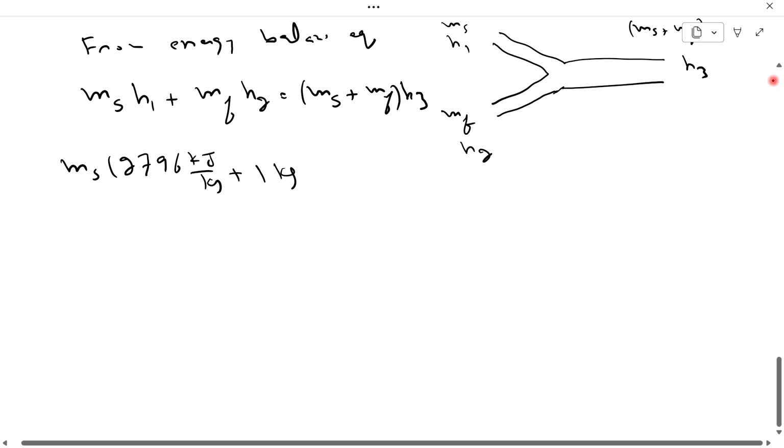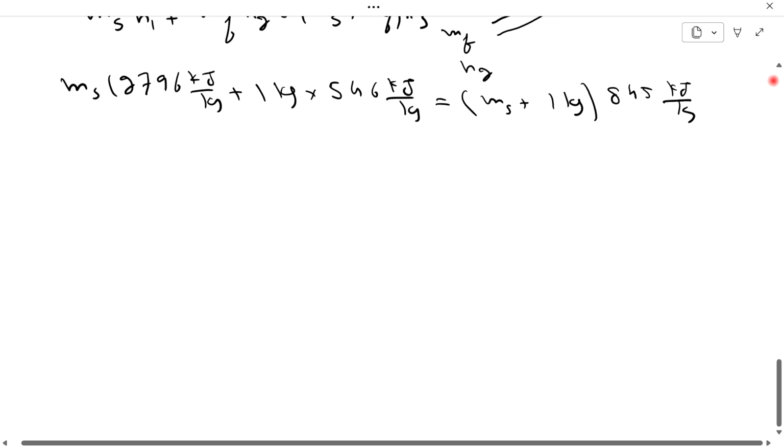And H2 is equal to 546 kilojoule per kilogram, is equal to Ms plus Mf, where Ms is required and Mf is 1 kilogram, times H3, which is 845 kilojoule per kilogram.